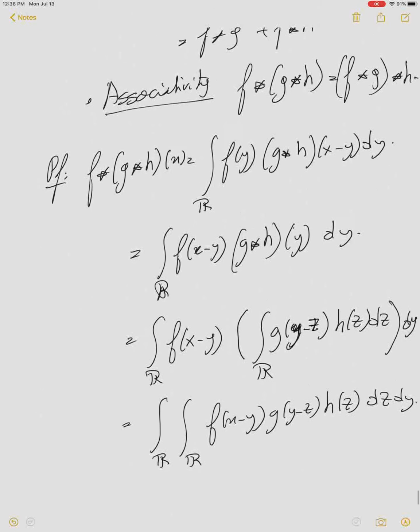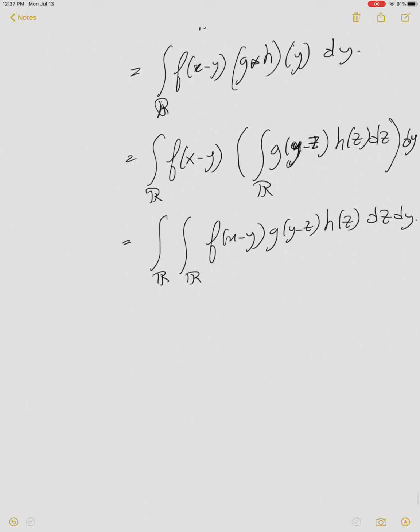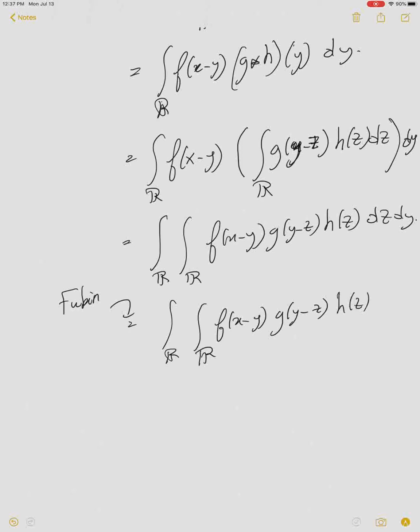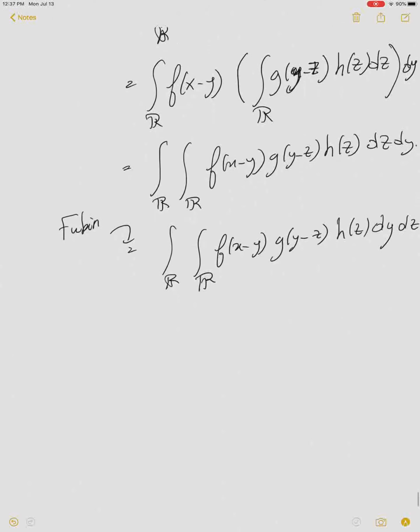Okay. Now I will flip the integral, so I will use Fubini's theorem. This is the integral over R of f of x minus y, g of y minus z, h of z, dy dz.